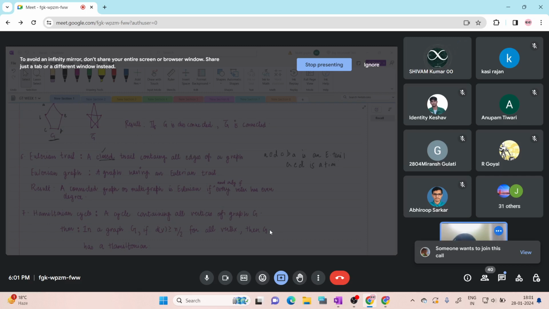Secondly, it should be a closed trail, that means the first vertex and last vertex should be the same. And thirdly, it should consist of all the edges of the graph. So then it is an Eulerian circuit. To avoid confusion, let's not bring in other terminology. For now, stick to Eulerian trail only.